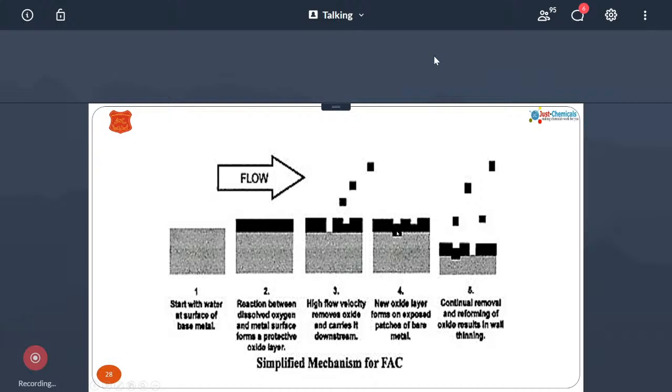Slowly then that was also getting dissolved, and then it was again forming a magnetite layer, and then again the magnetite layer was getting dissolved. So this was a simplified mechanism of flow accelerated corrosion, which was identified quite early, but the answer came a bit late.